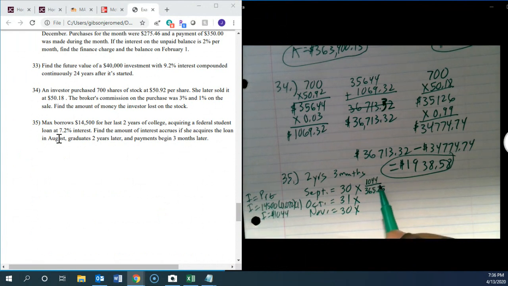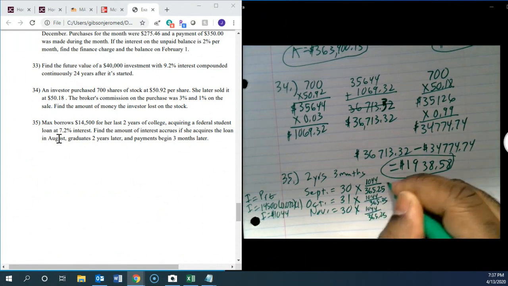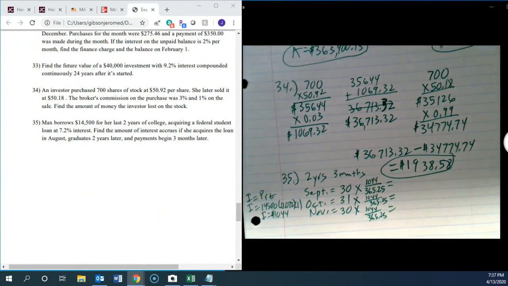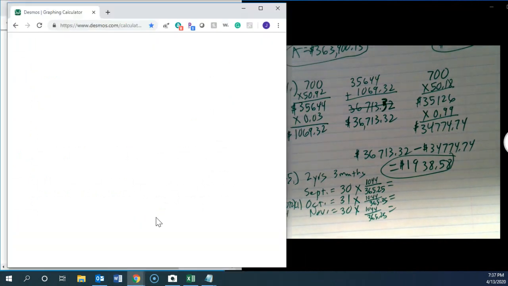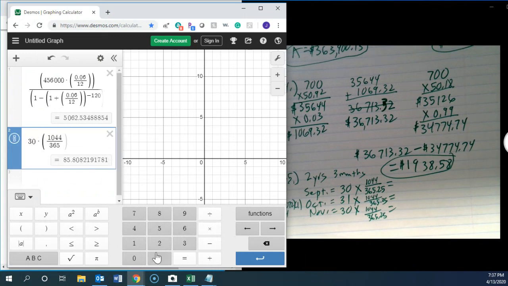So we have 1,044 over 365.25. So we'll multiply each one of these by the 1,044 over 365.25. So for the 30 days, let's put that in the calculator. So we will have 30 times, now I'll put a parenthesis, 1,044 divided by 365.25.